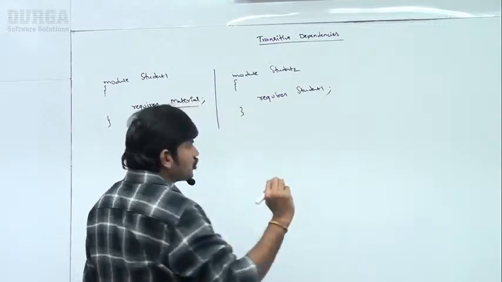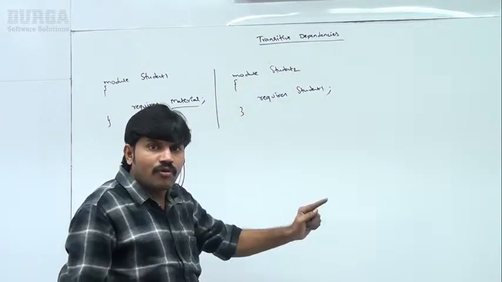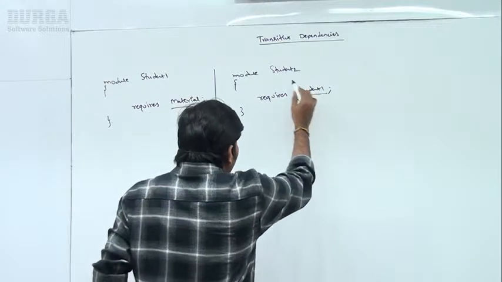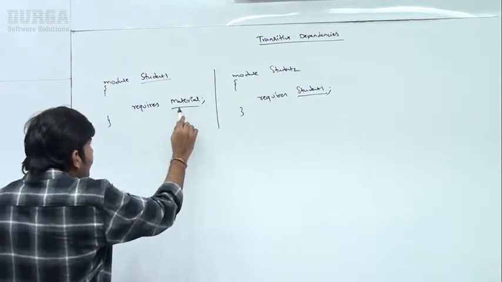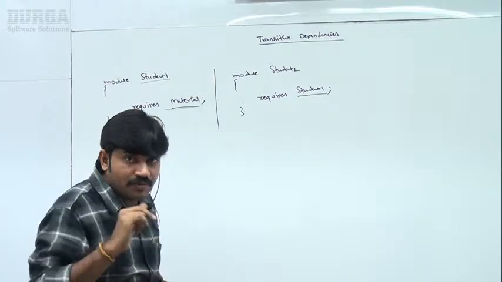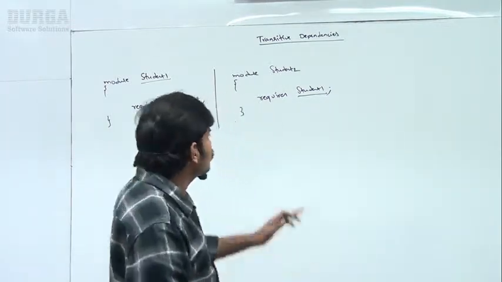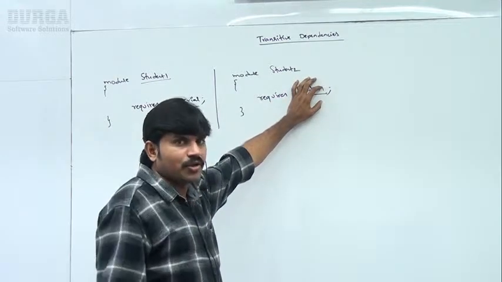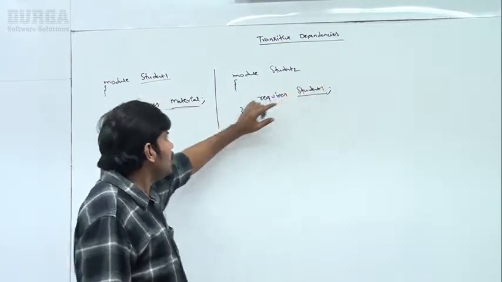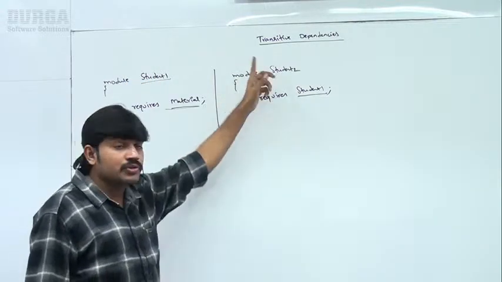Requires student1, okay, this line. For student2, the student1 module is available, but for student1, the material module is available. Now my question is, for student2, the student1 module is available, but the material module is not available. Remember that. This material is required only for student1, not for student2.